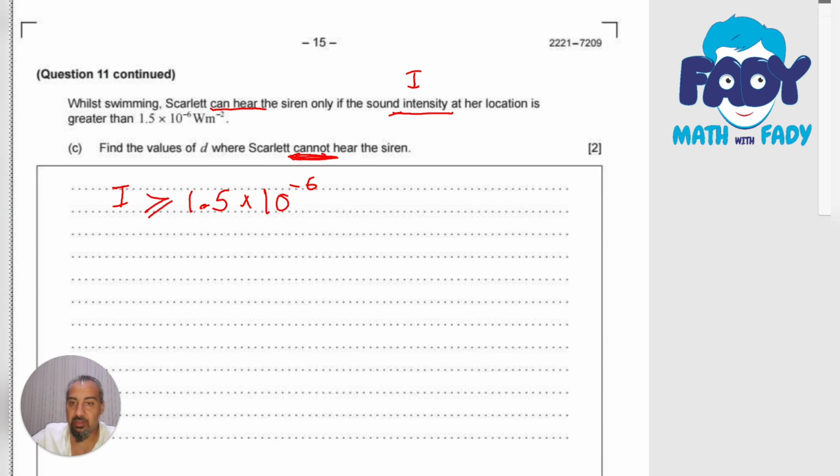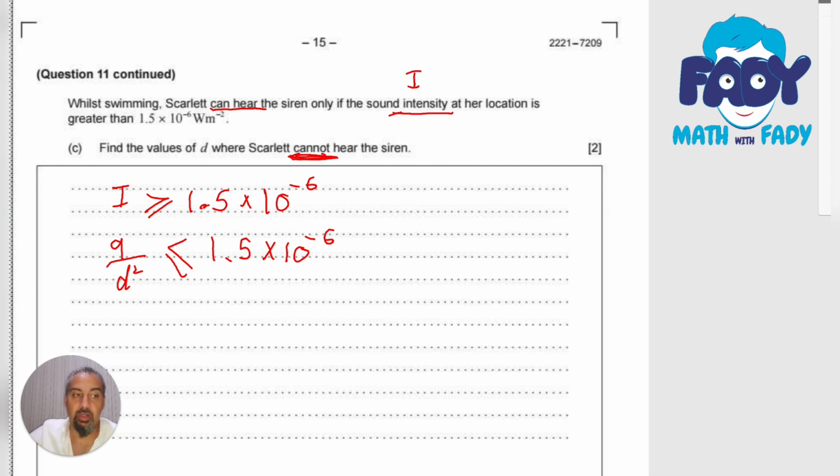She can hear the siren only if I is more than 1.5 times 10 power negative 6. But we need to find the values of d where Scarlett cannot hear the siren. So I, we know, is 9 over d squared. If she cannot hear the siren, this means it will be less than or equal to 1.5 times 10 to the negative 6.